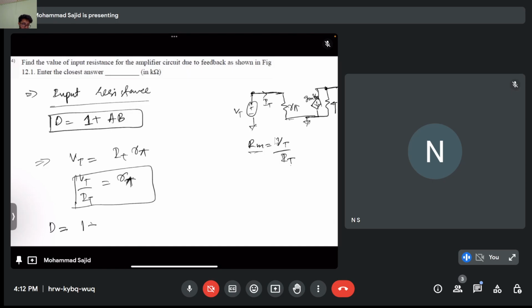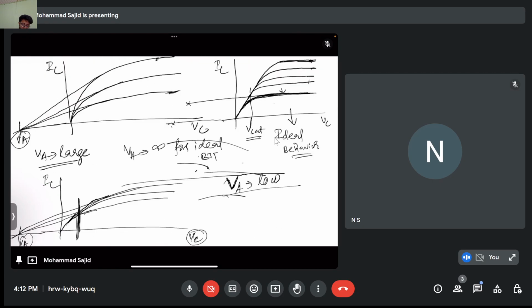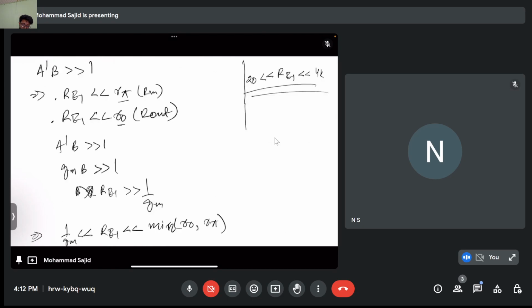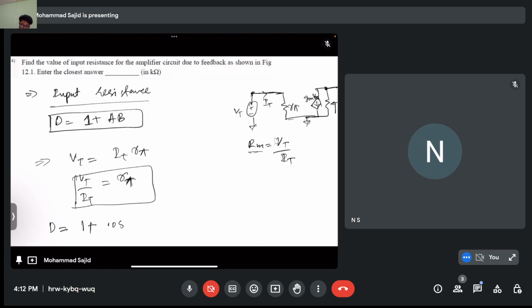A is what we calculated, that was GM, which was your 0.05, right? And beta is Re1, that's also seen. So it will be 0.05 into Re1, that was equivalent to 380.